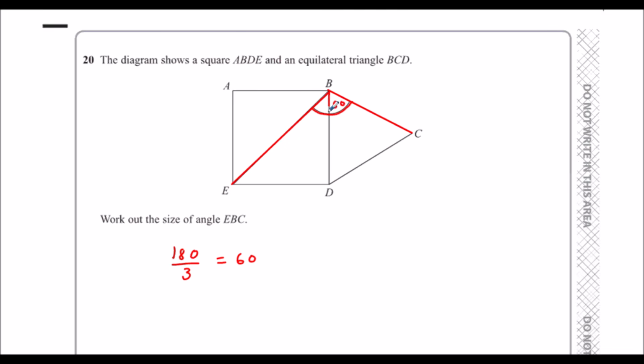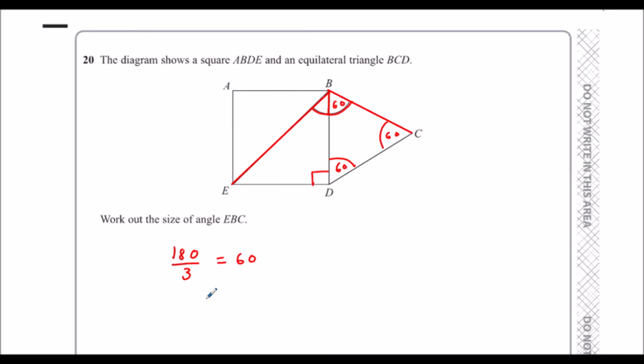I'm just going to split this in half. So each angle in an equilateral triangle is 60 degrees. In a square, the angles are right angles, they're 90-degree angles. And we've got a line cutting the square in half, which cuts the angle in half.